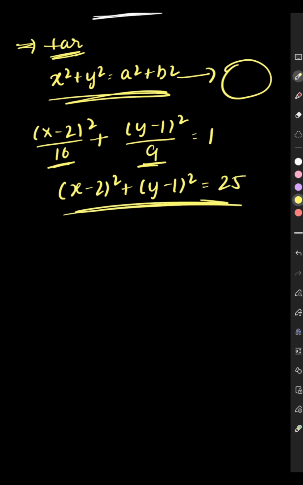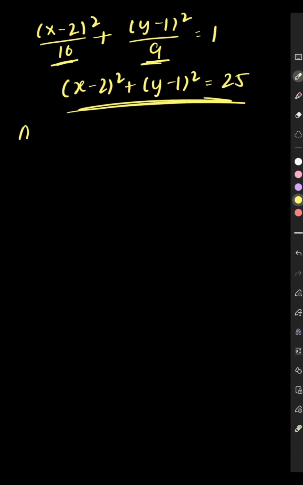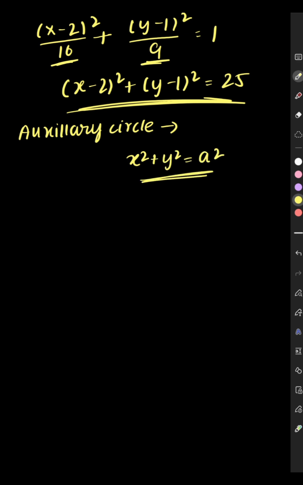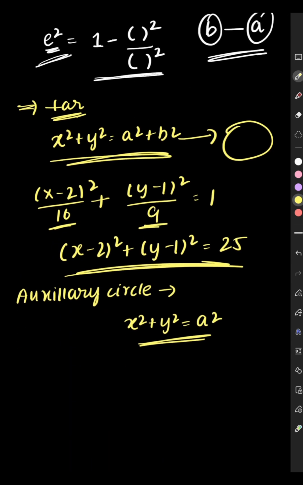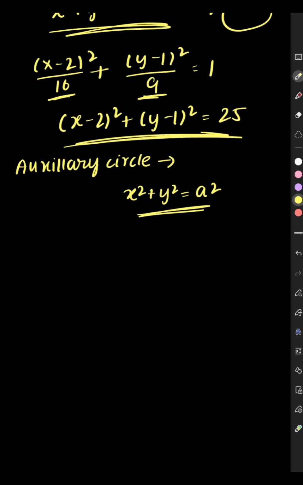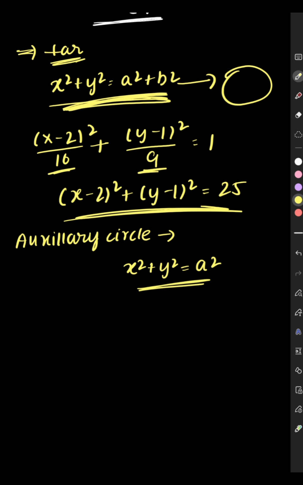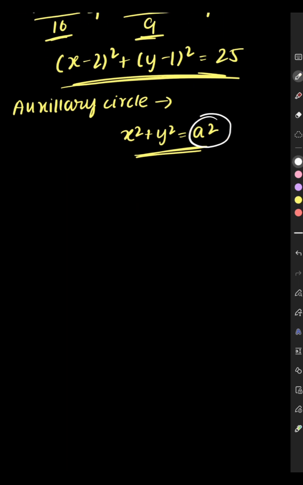Now let's talk about the auxiliary circle, which is defined as the locus of feet of perpendicular drawn from any focus to any tangent on the ellipse. The auxiliary circle's equation is going to be x square plus y square equals to a square. Now again, all of this is for a horizontal ellipse. The director circle's equation doesn't change either way, but for an auxiliary circle, whether you put a or b depends on whether it's a horizontal or a vertical ellipse.